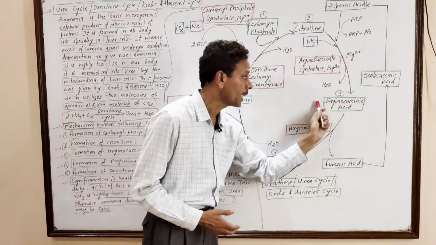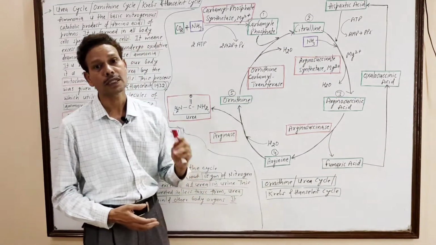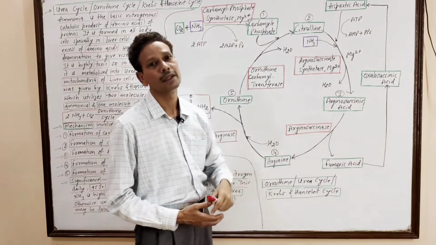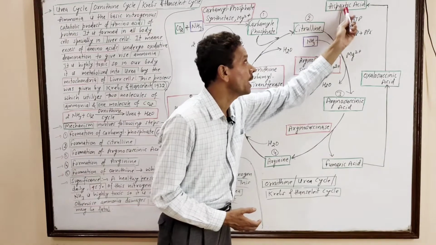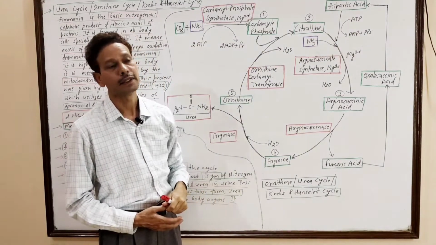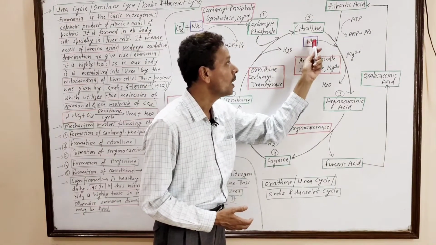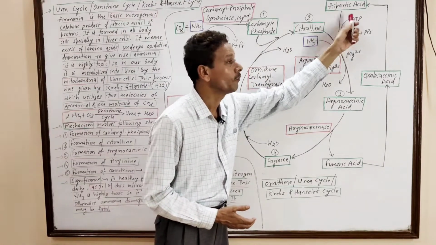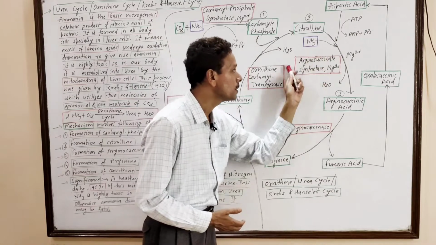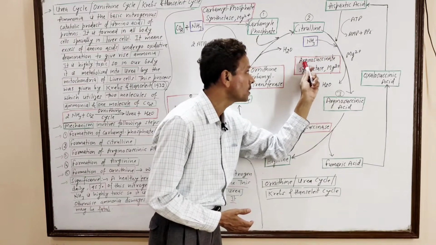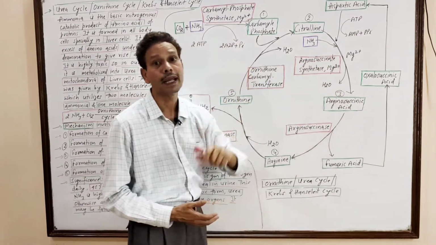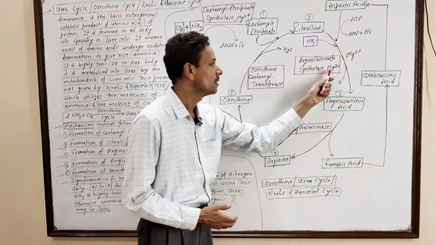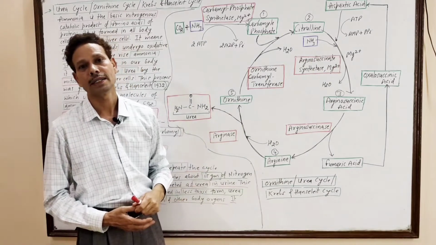In third step, that is formation of arginosuccinic acid, this citrulline combines with aspartic acid in presence of 1 molecule of ammonia, 1 molecule of ATP, and this step is catalyzed by an enzyme, that is arginosuccinate synthetase, and the cofactor which is needed here is Mg positive 2 ions.